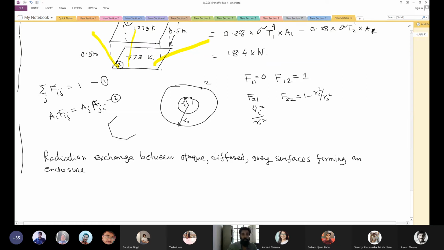Enclosure means all these surfaces make an enclosure, something like that.